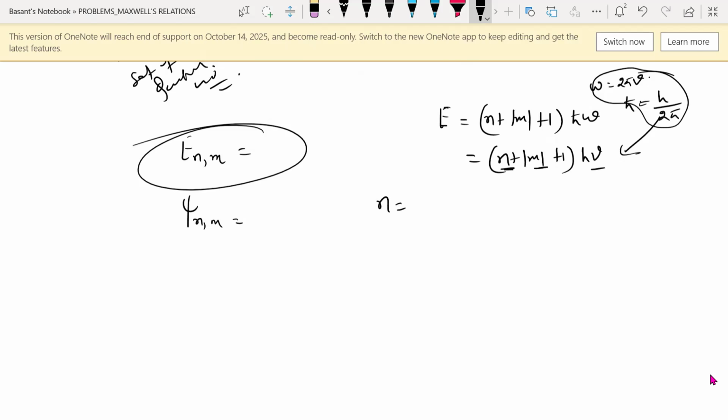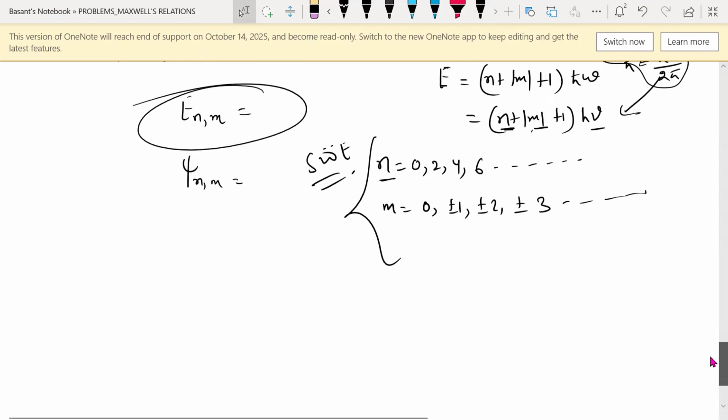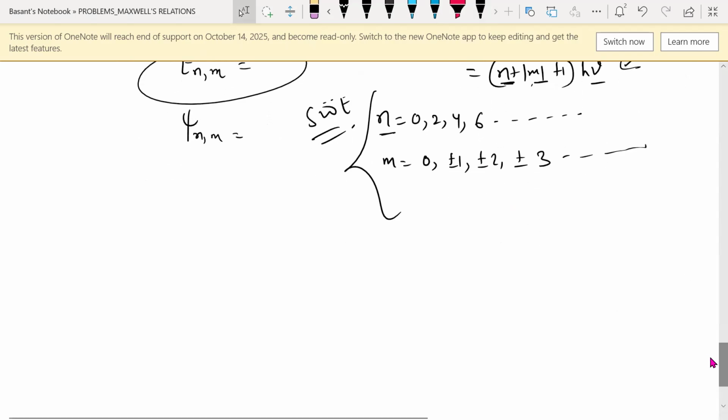The n value is 0, 2, 4, 6, etc. All even numbers. And m is equal to 0, plus minus 1, plus minus 2, plus minus 3, etc. So these values satisfy the Schrodinger wave equation. So these values come into the picture for the energy eigenvalue.